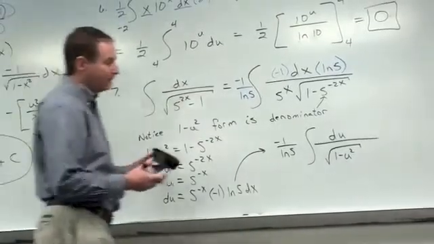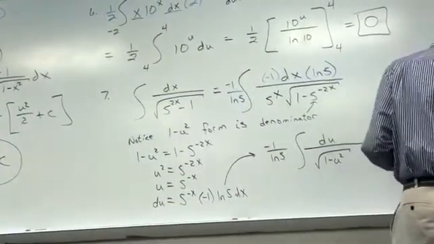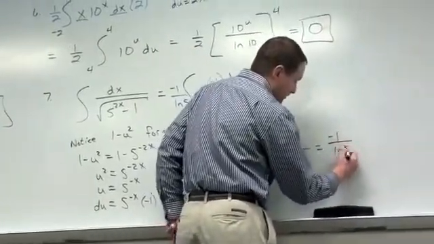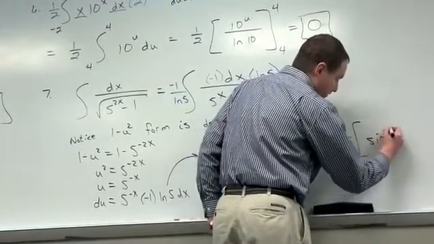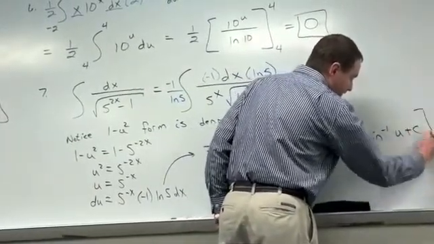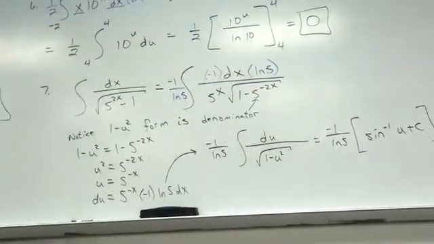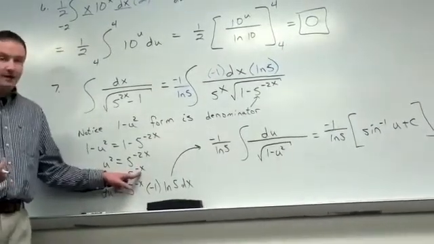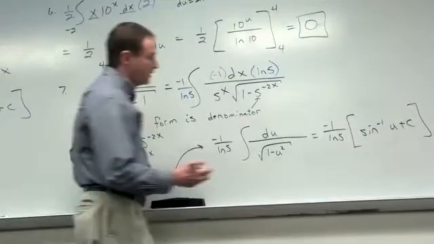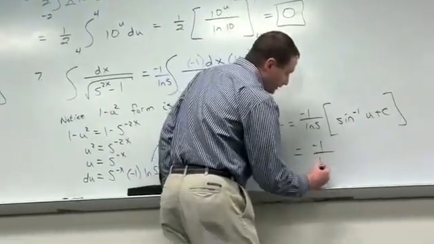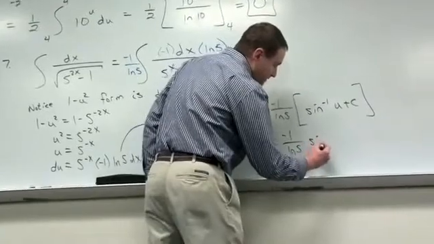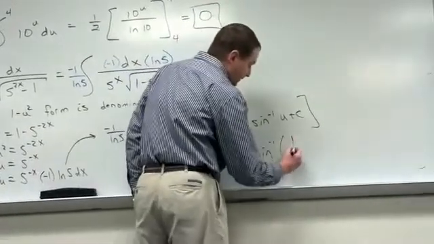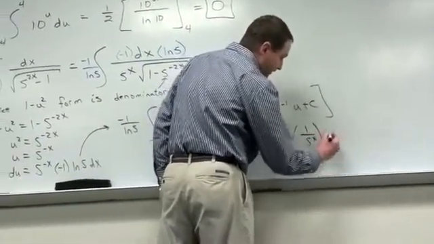So my answer is going to be negative 1 over natural log of 5, inverse sine of u, plus c. And then your final answer needs to be in terms of x. u is equal to 5 to the negative x power. So the final answer is negative 1 over natural log of 5, inverse sine of 1 over 5 to the x, plus c.